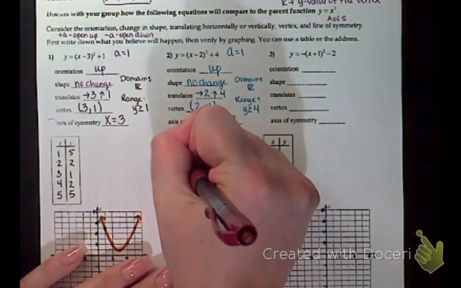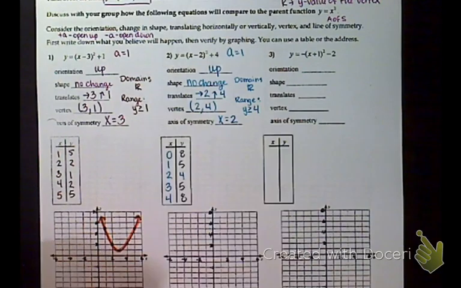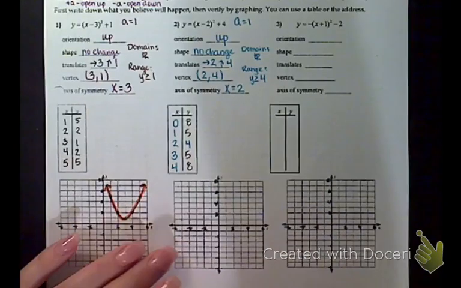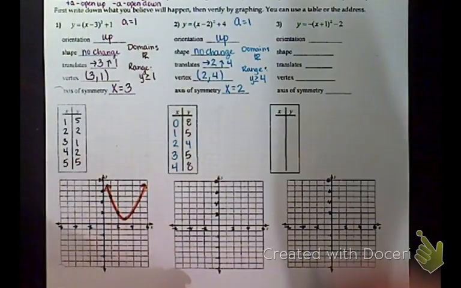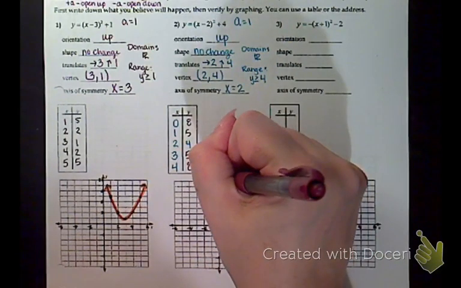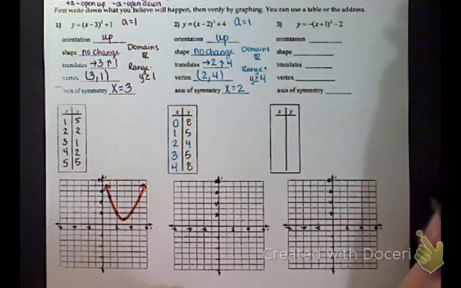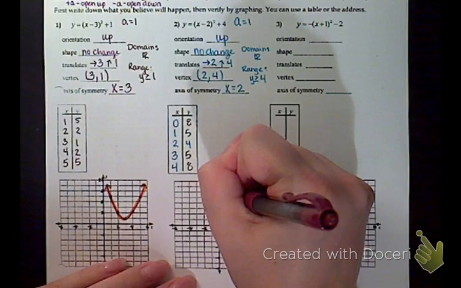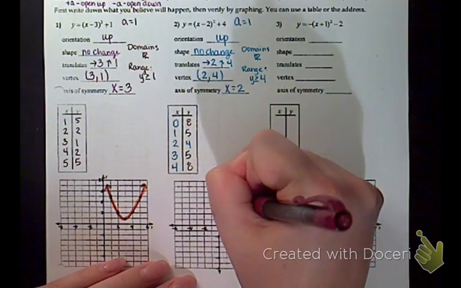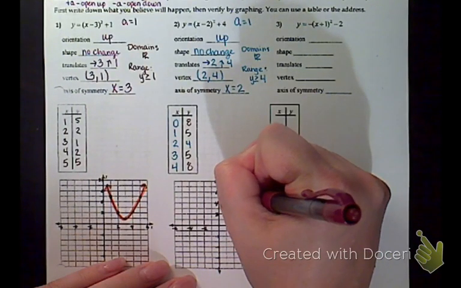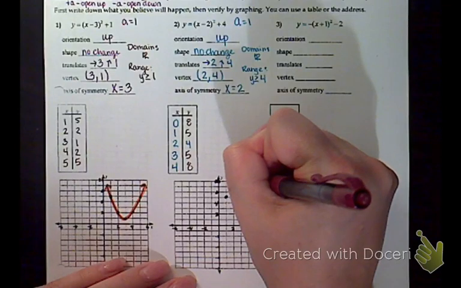So this is 5, and again, I have 5 there. I'm going to plot those points. So 0, 8, 1, 5, 2, 4, 3, 5, and 4, 8.